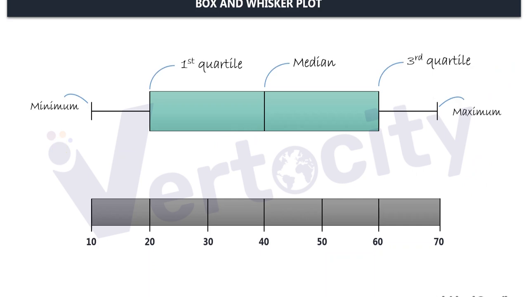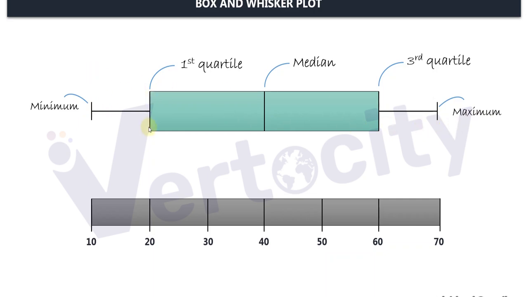For the next part, we have the segments of this plot. The left bar on the side of the box we call the minimum value of the data, and the rightmost side is the maximum value of the data. These two lines on the left and right of the box represent the minimum and maximum values.